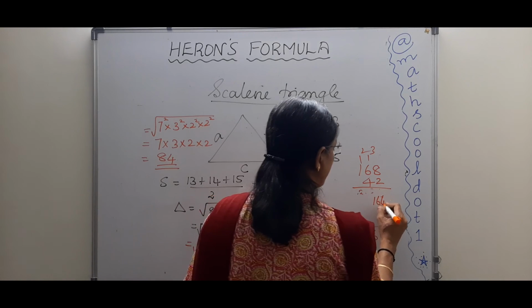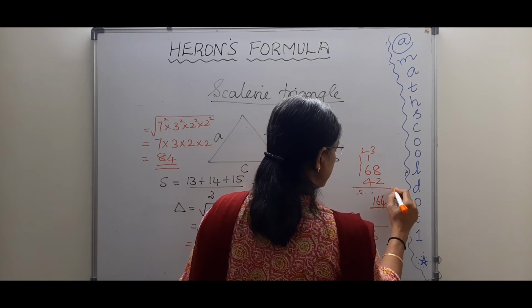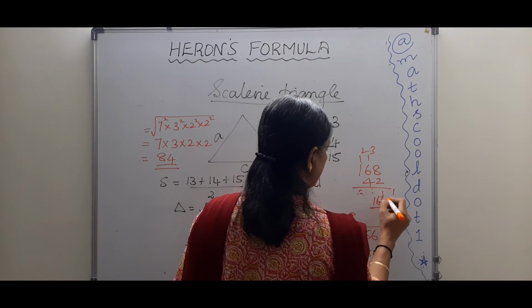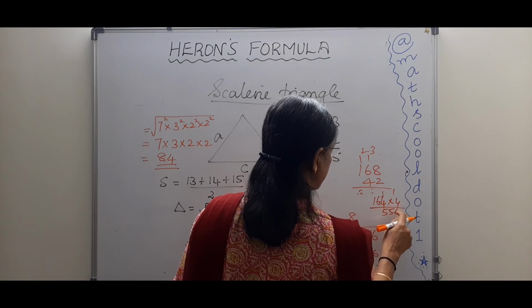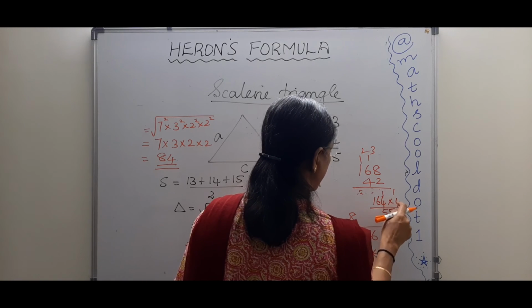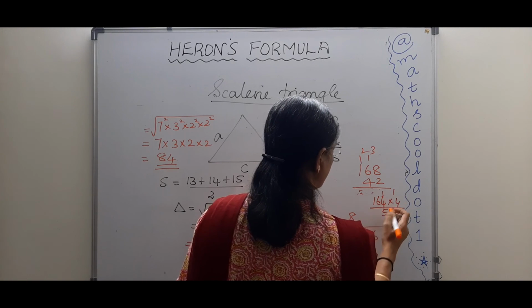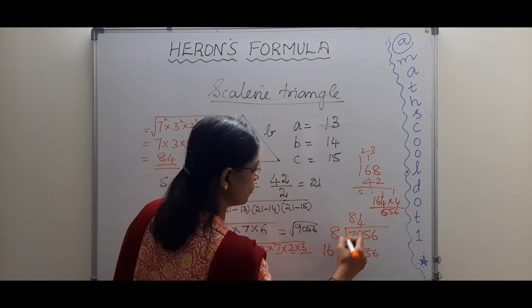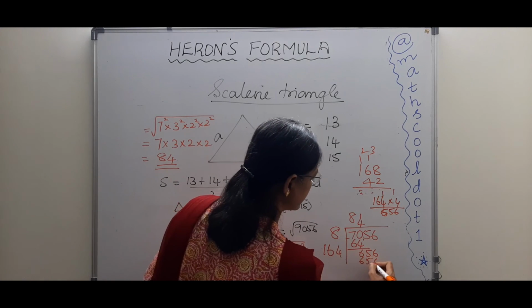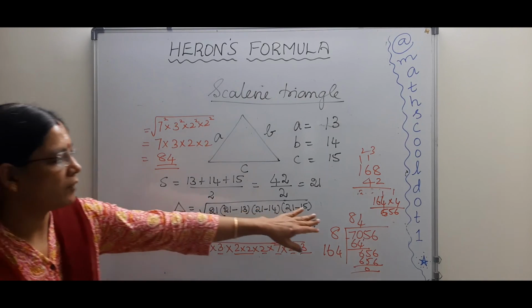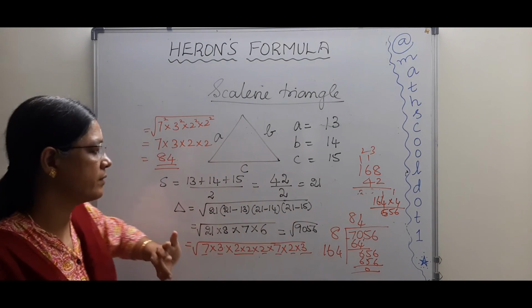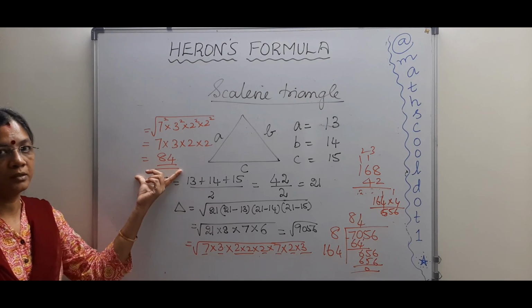So 164 into 4 gives 656. So the square root of 7056 is 84. So the answer is 84.